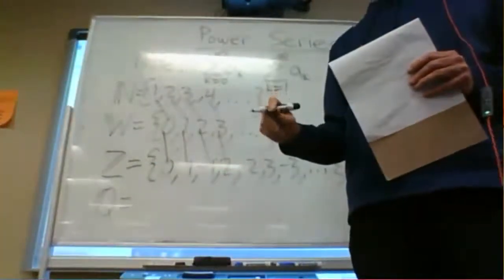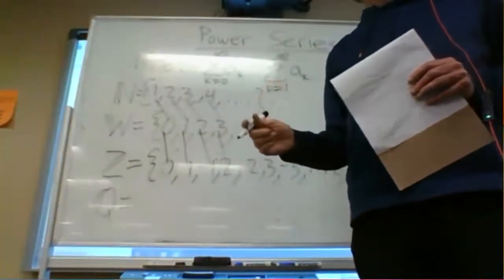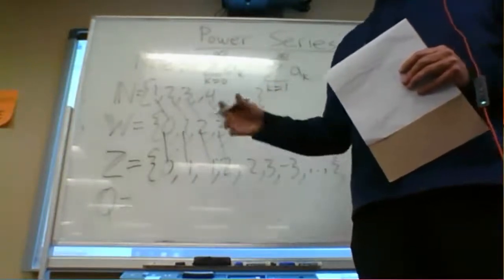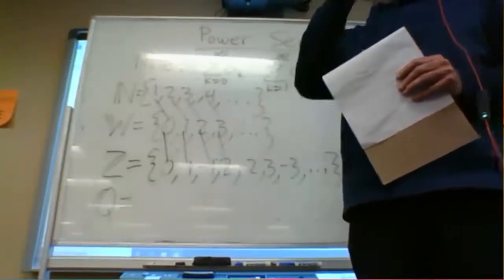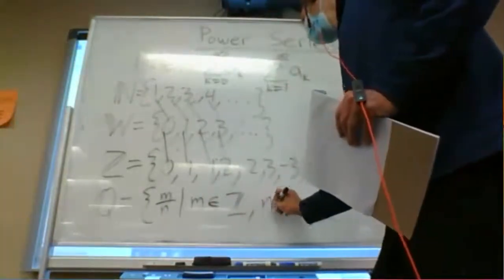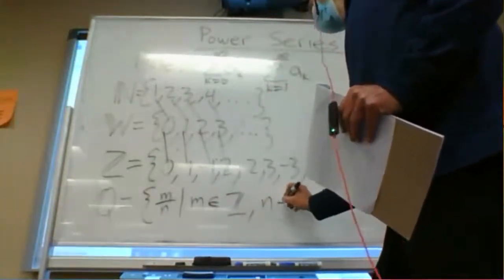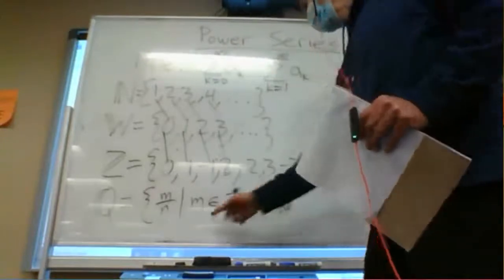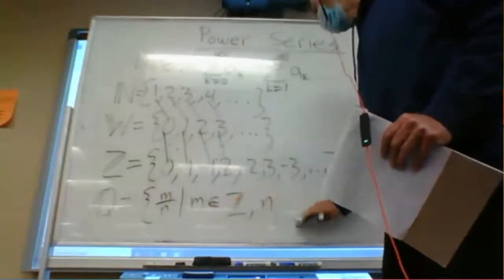What are the rational numbers? Nobody took algebra? Yeah, fractions. Think of ratios, rational ratios. So the set of all m over n such that m is an integer, let's say, and n is a natural number.